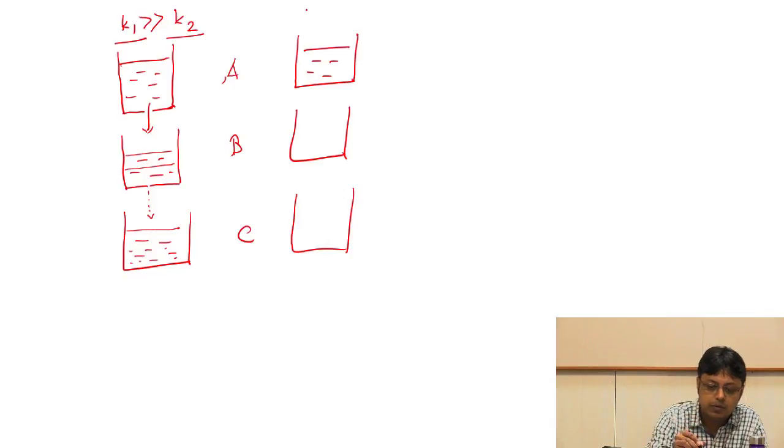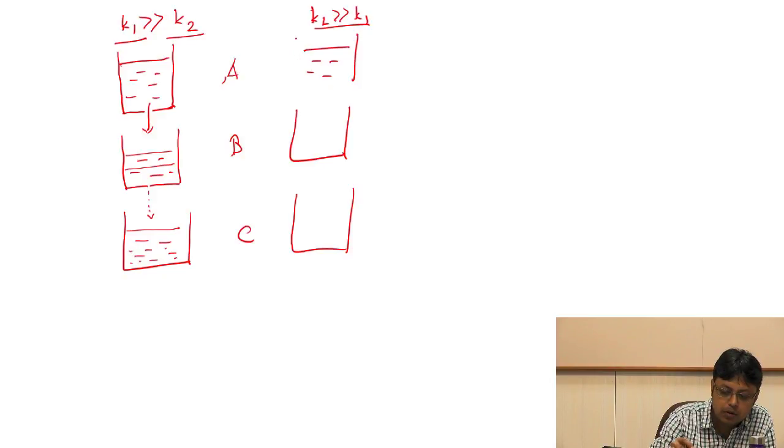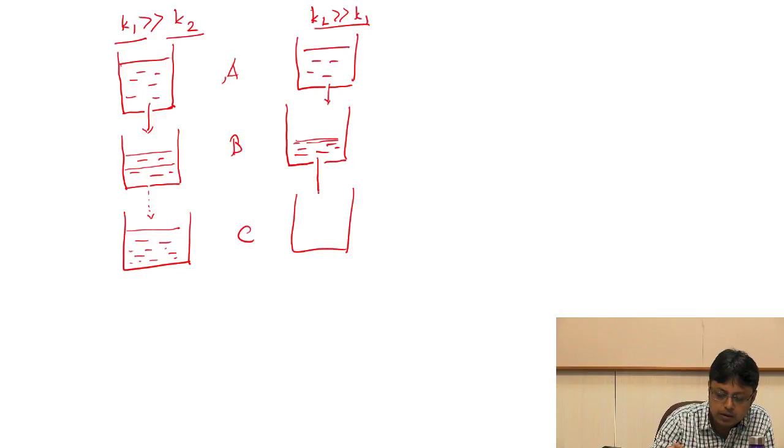Similarly, on the other extreme, when I have k2 much greater than k1, what will happen? I have a small hole here, the water is coming and filling here, but as soon as it is filled, I have a very, very large hole here. Immediately the water gets passed and fills C. So what I'll see here is that this water level will be a little bit high always, but as soon as it is filled in, that gets passed to the other bucket, because k2 is much larger than k1.